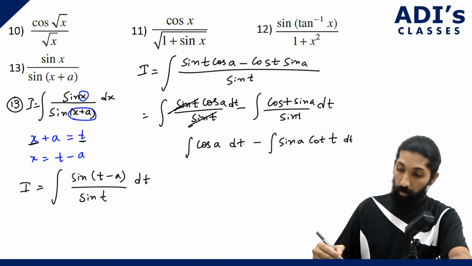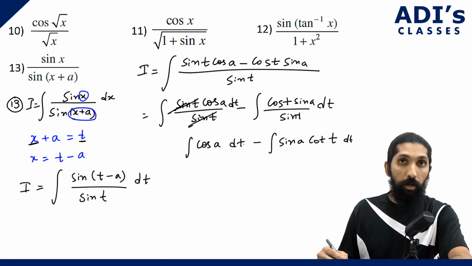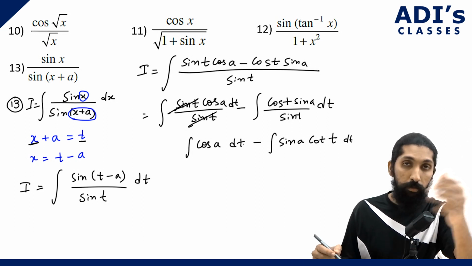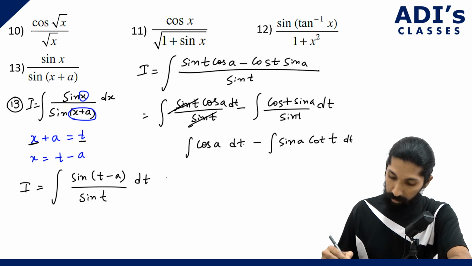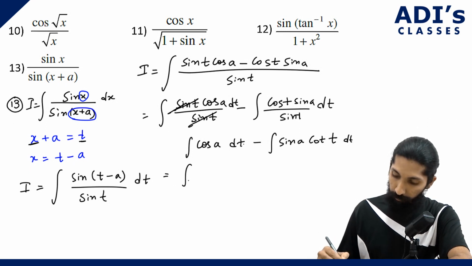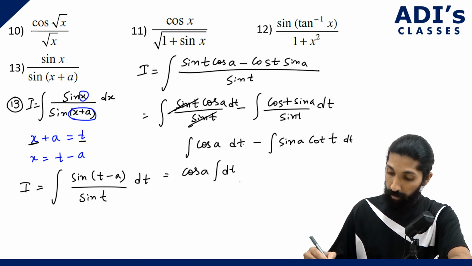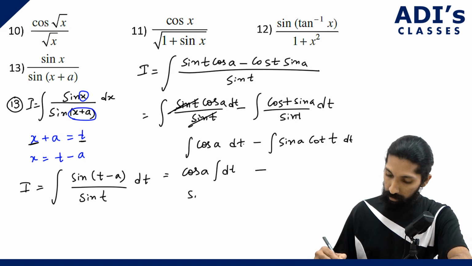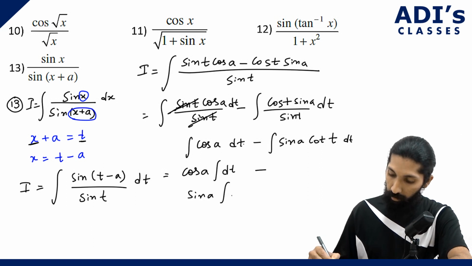Remember, cos a is a constant, so you can just keep it outside. So you'll get this as cos a times the integral of dt minus sin a times the integral of cot t dt.